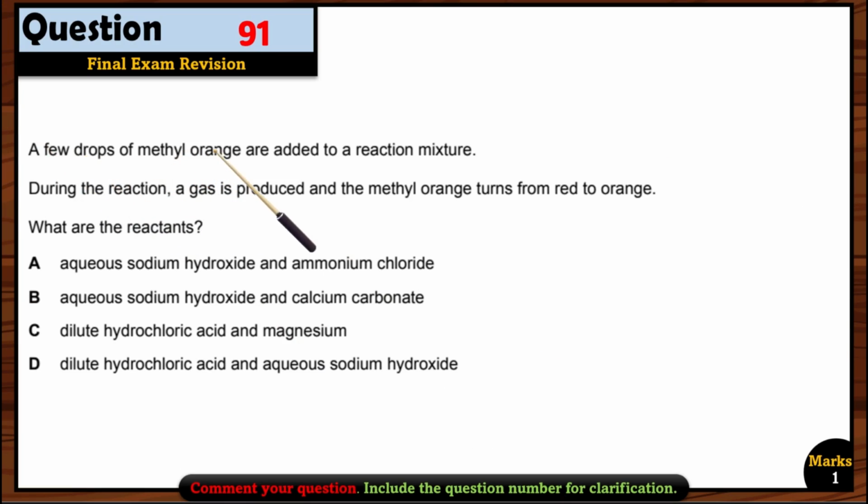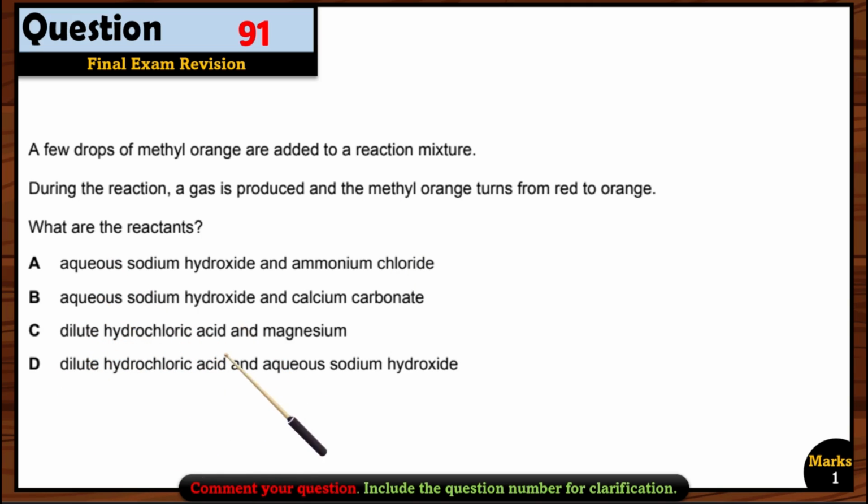A few drops of methyl orange are added to a reaction mixture. During the reaction, a gas is produced and methyl orange turns from red to orange. What are the reactants? Methyl orange is actually orange in color, but when it was added into the reaction mixture, the color was red and then it changed to orange. It means that there was a neutralization reaction, but initially we had acid in the solution. So we have to find first the acid solution, that is dilute HCl.